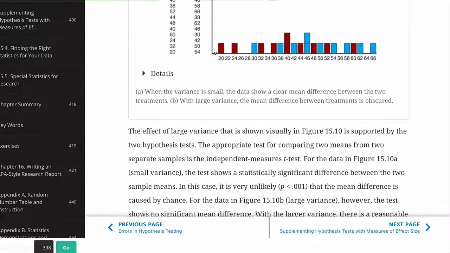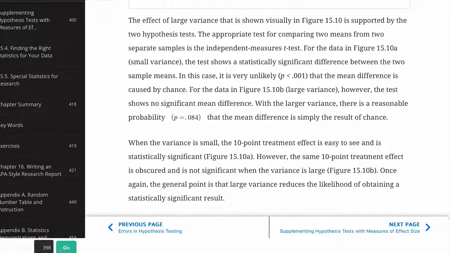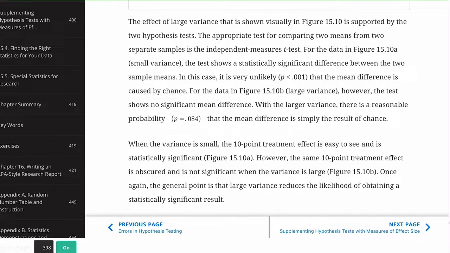And so this down here was talking about how a t-test is what will be used for this particular scenario, and that p less than 0.001 would mean that it's unlikely that the mean difference occurred by chance in part A. But in B, because there's a large variance, that test would show no significant difference because it's so varied, even though the difference between the treatment and control is the same.